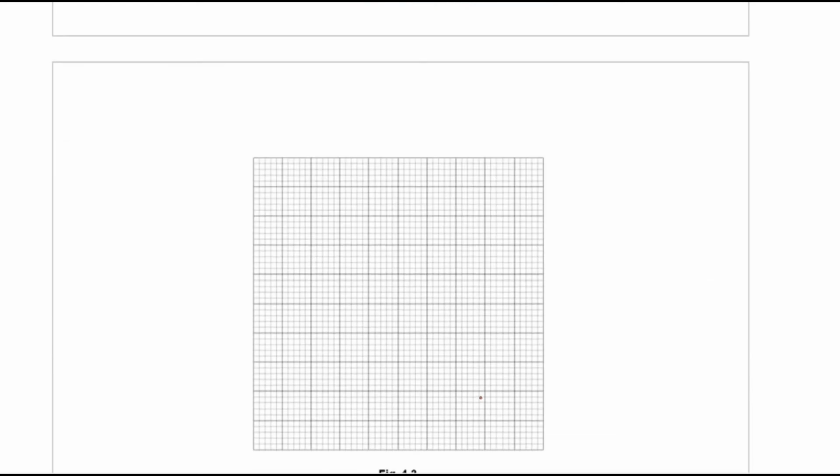When we draw this, you need to know that from here to here is 1 cm. So we set our scale this way: let's say 1 cm represents 2 meters per second.